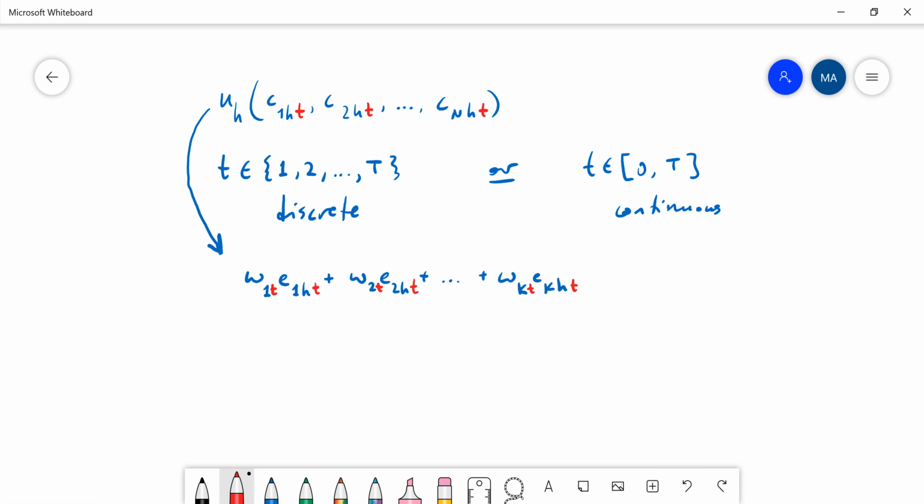Then now this income will be greater than or equal to consumption, P N C N H. And once again, these are changing in time.